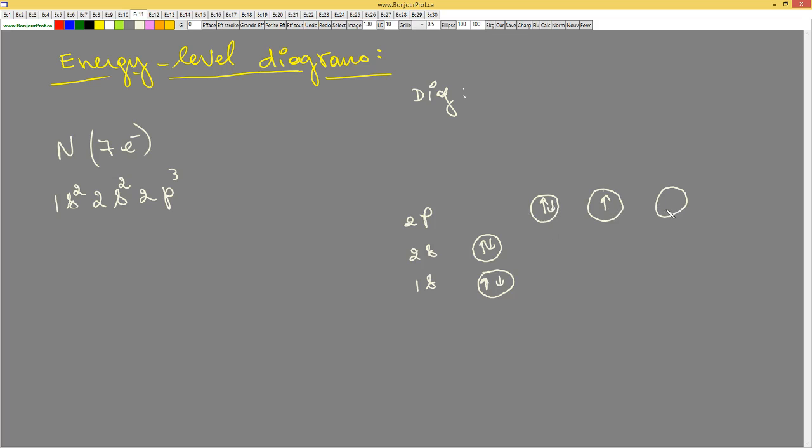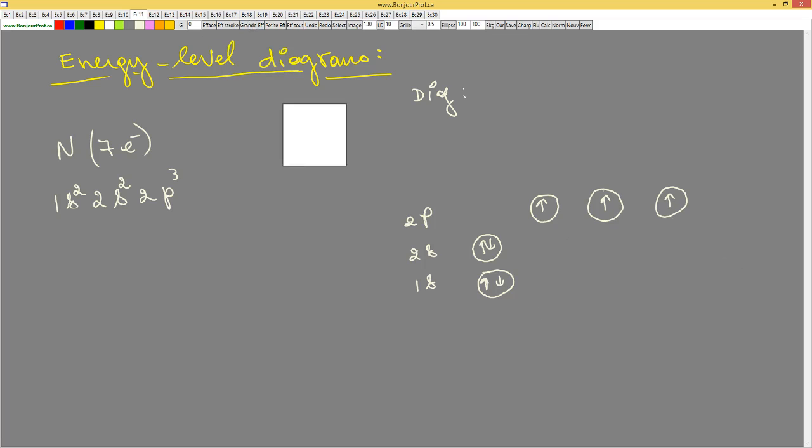No. Physics told us no. Experiment told us no. The electrons go to the p house. There are 3 rooms, we are 3, so why squeeze? Each one will take as much freedom and space as we can. So it will be like that. So this is the configuration for the nitrogen.